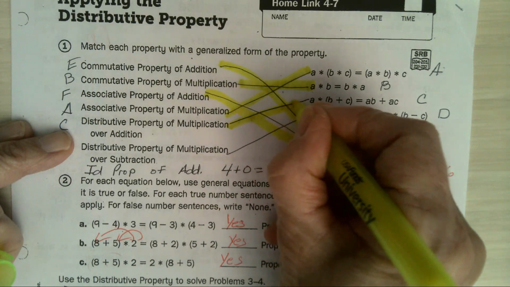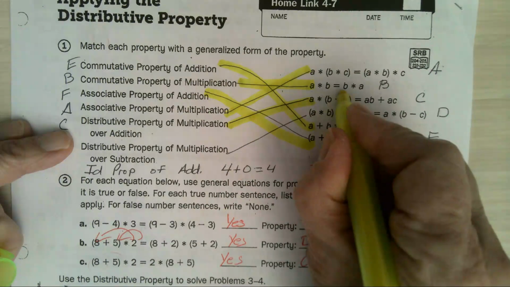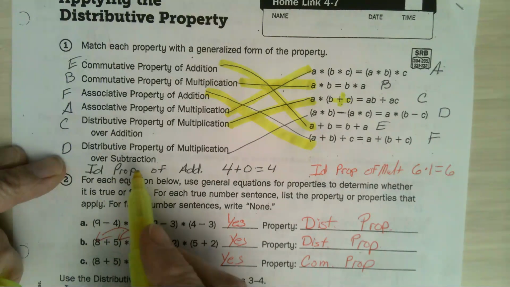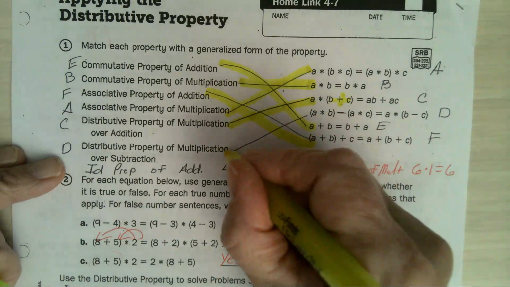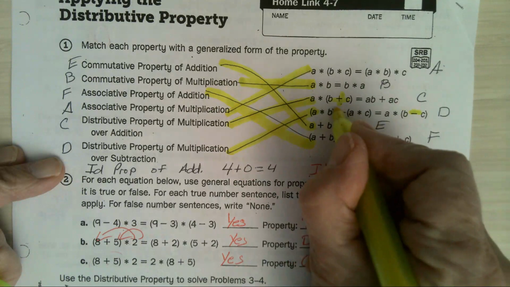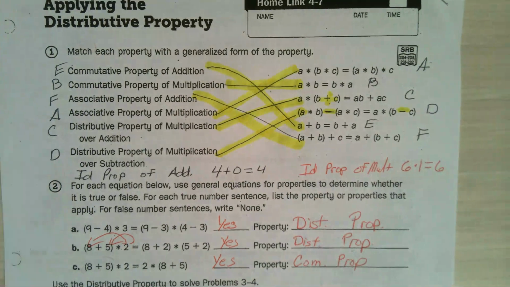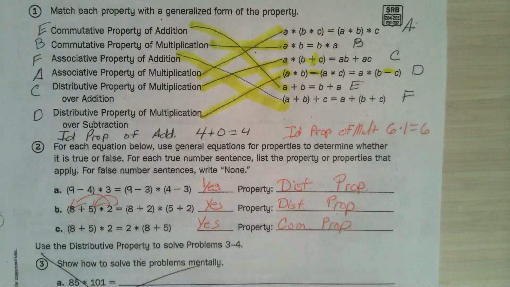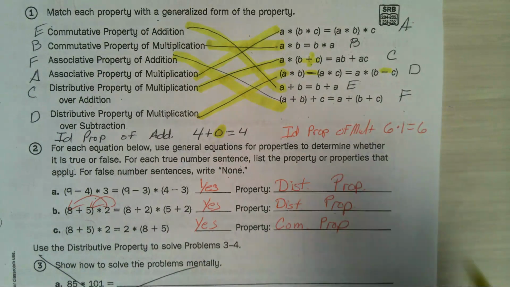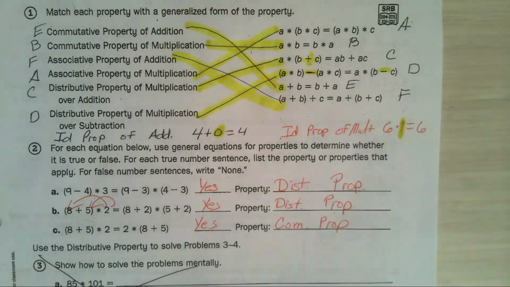That means they're doing the distributive property with a plus sign, and the distributive property of multiplication over subtraction, they're using the distributive property with a subtraction sign. Okay, and then we just wanted to remember the identity property for addition is when you add 0. The identity property for multiplication is when you multiply with a 1.